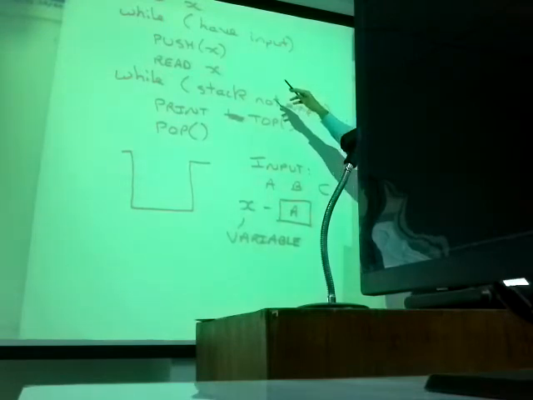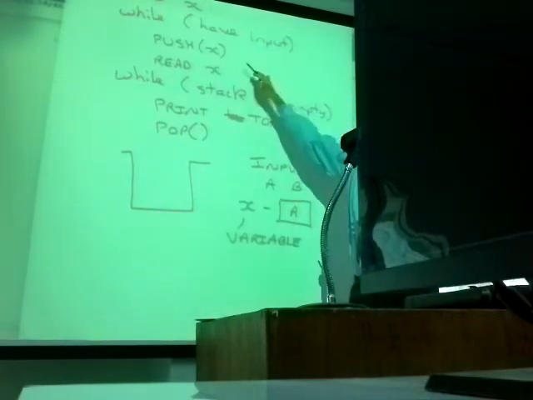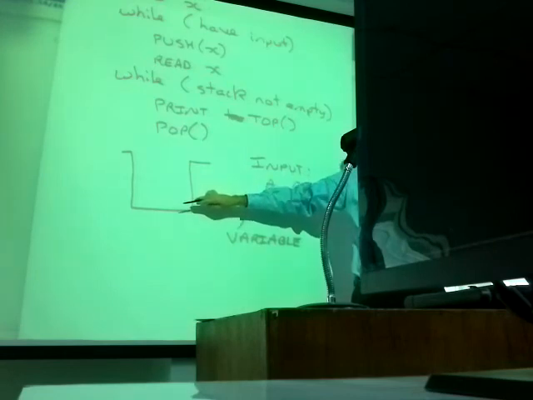All right, then what happens? We have input, so I push. So how do I draw that? I push whatever the value of X is. X is A at the moment. So if I push X, what happens to my stack? What value is pushed onto the stack?